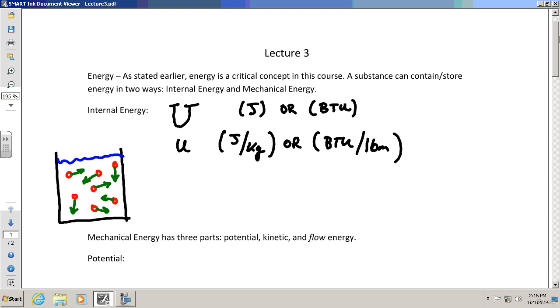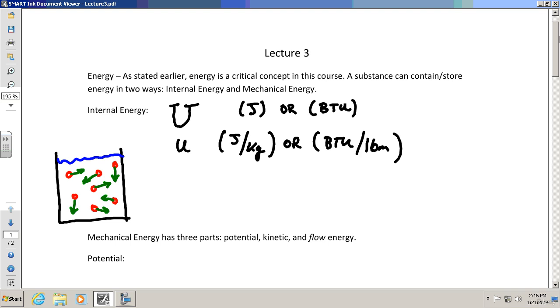The way typically you see internal energy is actually quite simple. If something's hot, you go, oh, that's hot. That has more internal energy than something that's cold. You don't see the molecules moving faster. You just go, oh, that's hot. And hotter stuff has more internal energy than colder stuff.